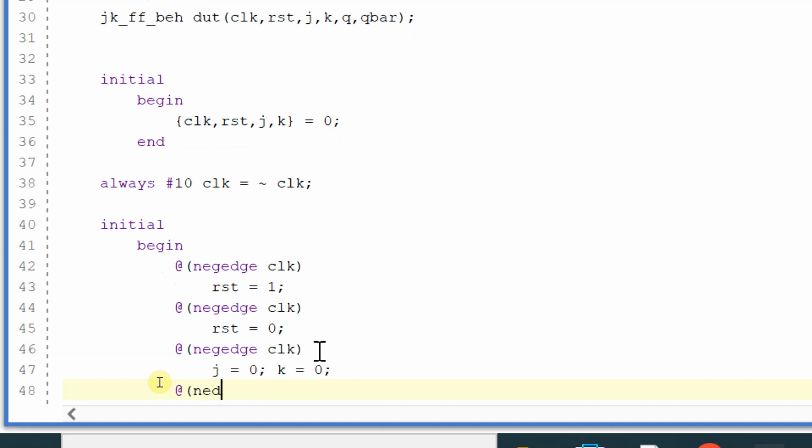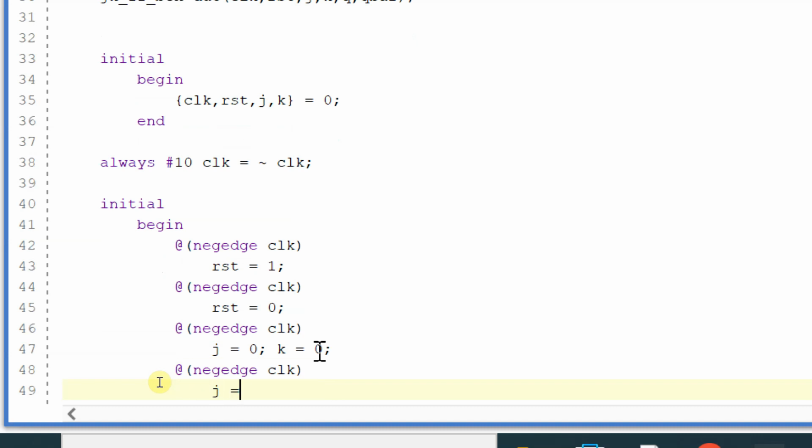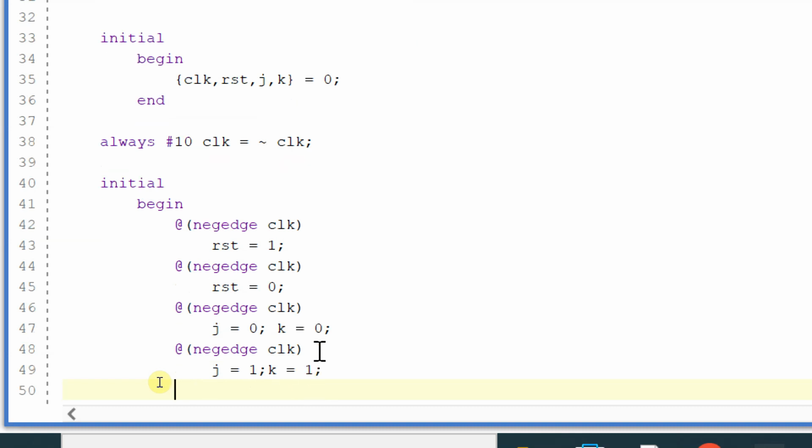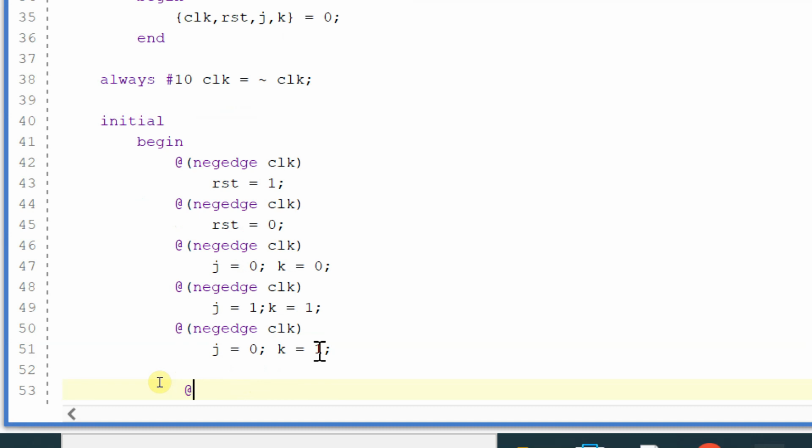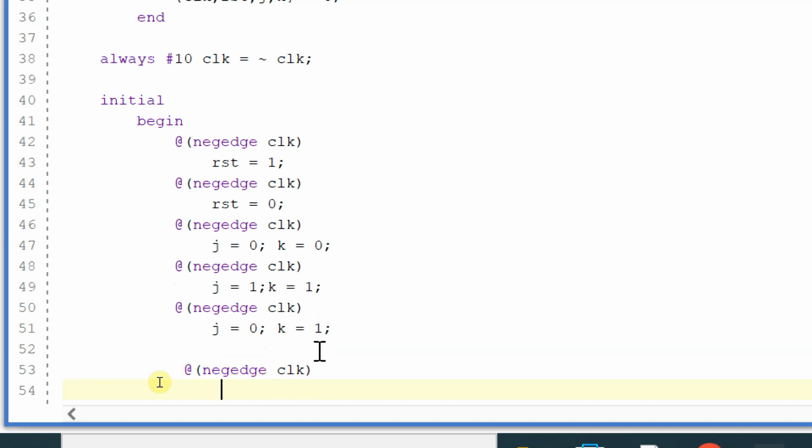At negedge of clock j is equal to 1 and k is equal to 1, and at negedge of clock again I am going to give j is equal to 0 and k is equal to 1, and at negedge of clock I'm giving j is equal to 1 and k is equal to 0.